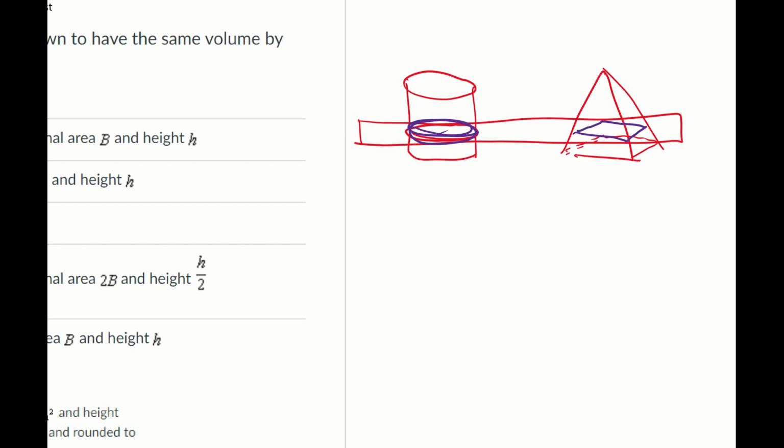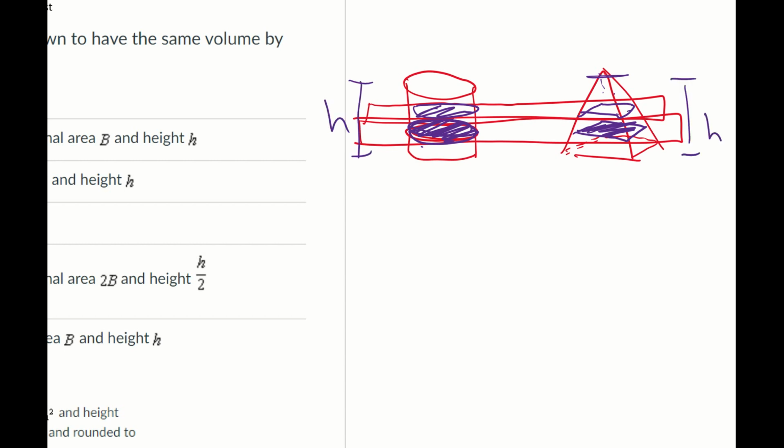If those areas are the same at every cross section, and the heights are the same for both solids, then that must mean that the volumes must be the same.